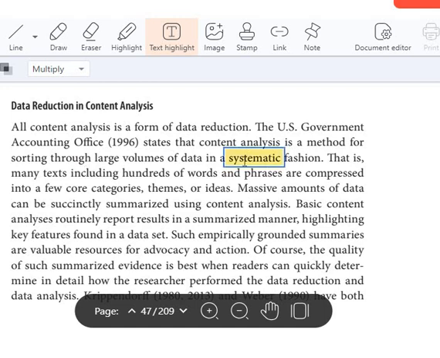Just remember this word, it is so important. Many texts, including hundreds of words and phrases, are compressed into a few core categories. You compress them, or you summarize such data. How? In categories, in themes, in ideas, with the use of statistics here in basic content analysis.